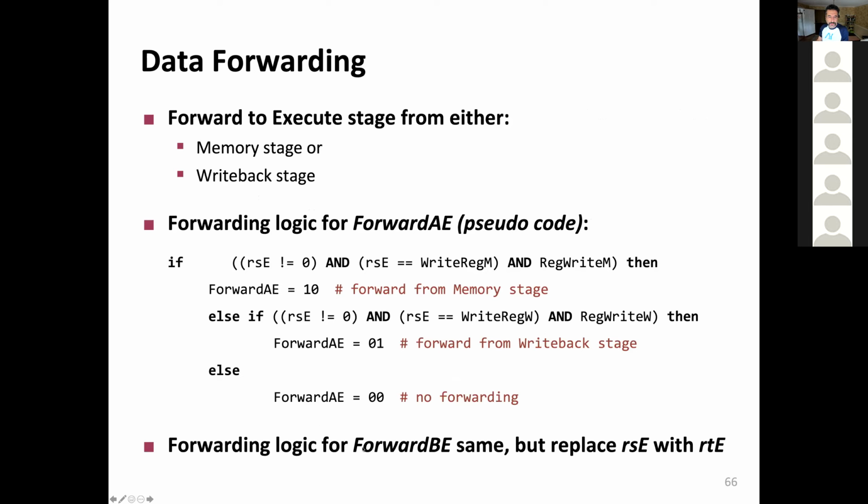And forward BE is also the same, you need to change RSE to RTE. So basically these are register source, register target, control signals for forwarding.